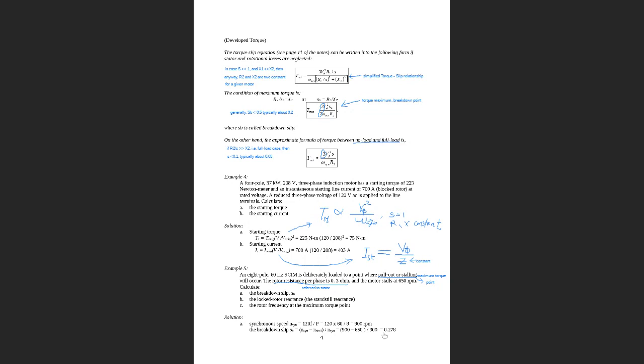So it's about 0.278. So this is the breakdown slip, which is equal to R2 over X2.